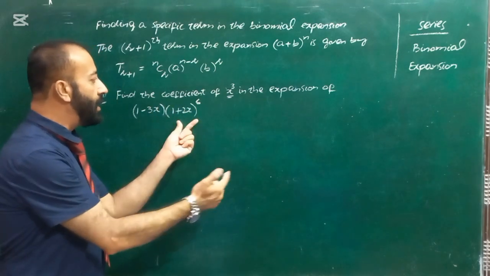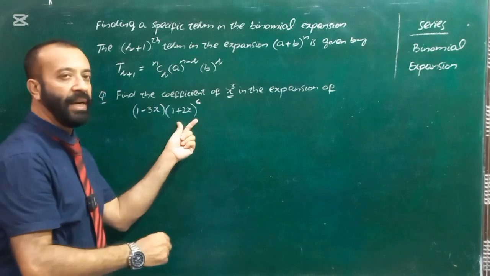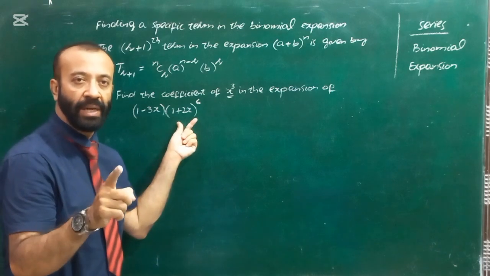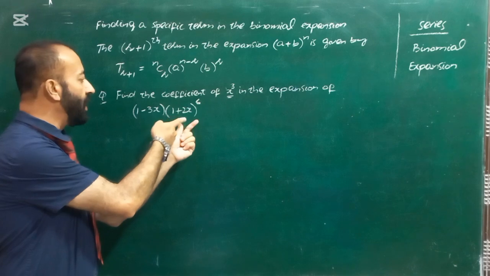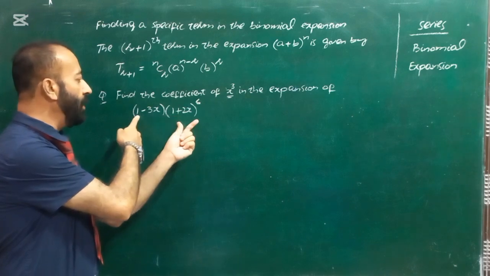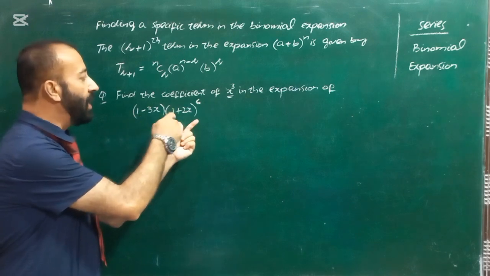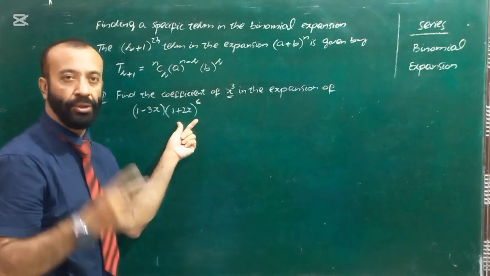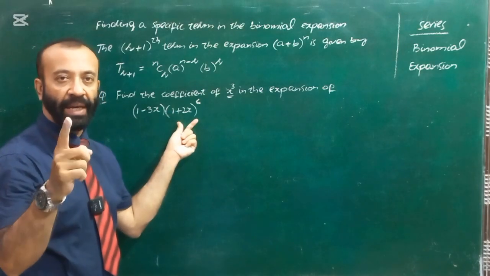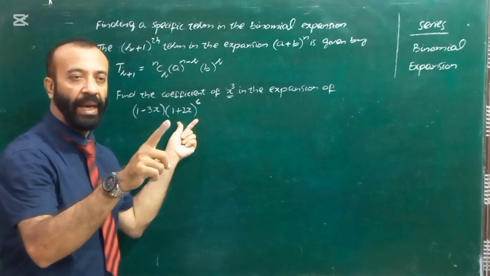And the second term that we require in this bracket is the term involving x cube, because when x cube from this bracket is multiplied with 1, that will become the value involving x cube. So in this bracket we want two terms, one involving x square, second involving x cube.